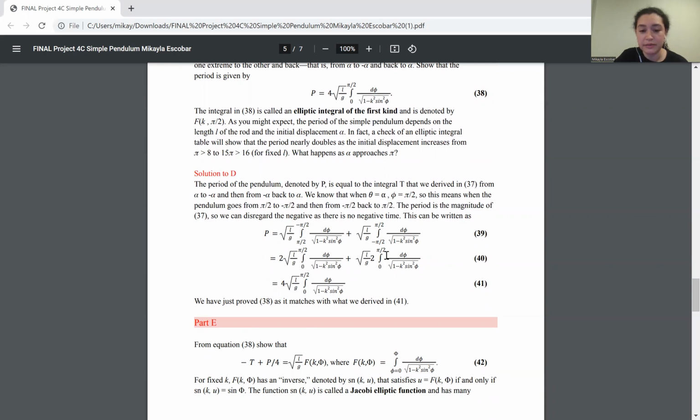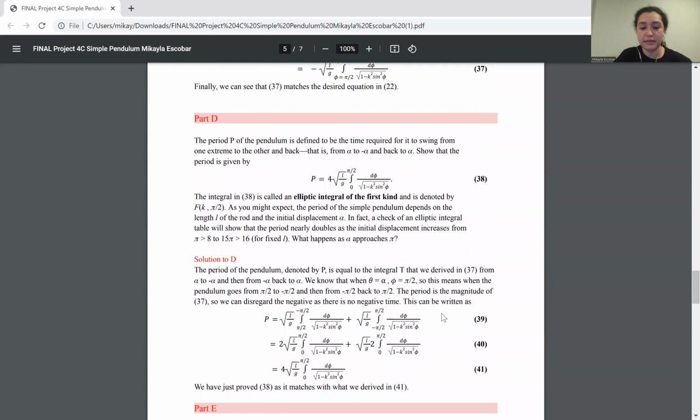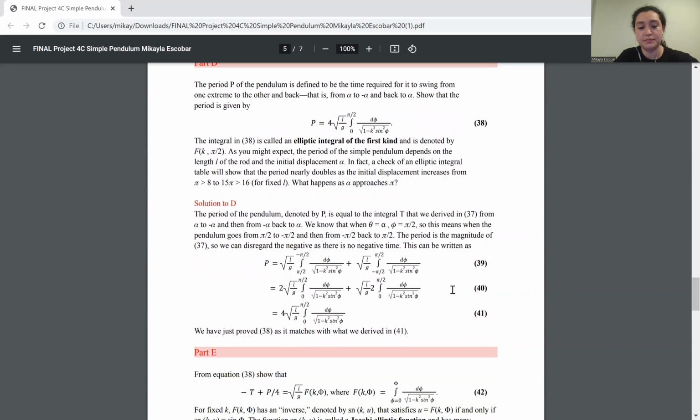Same thing over here, it's symmetrical, so we can do 2 times the integral from 0 to pi over 2. We're left ultimately with 4 times the square root of L over G, times the integral from 0 to pi over 2 of 1 over the square root of 1 minus k squared sine squared phi d phi. And it matches 38 as it was supposed to.